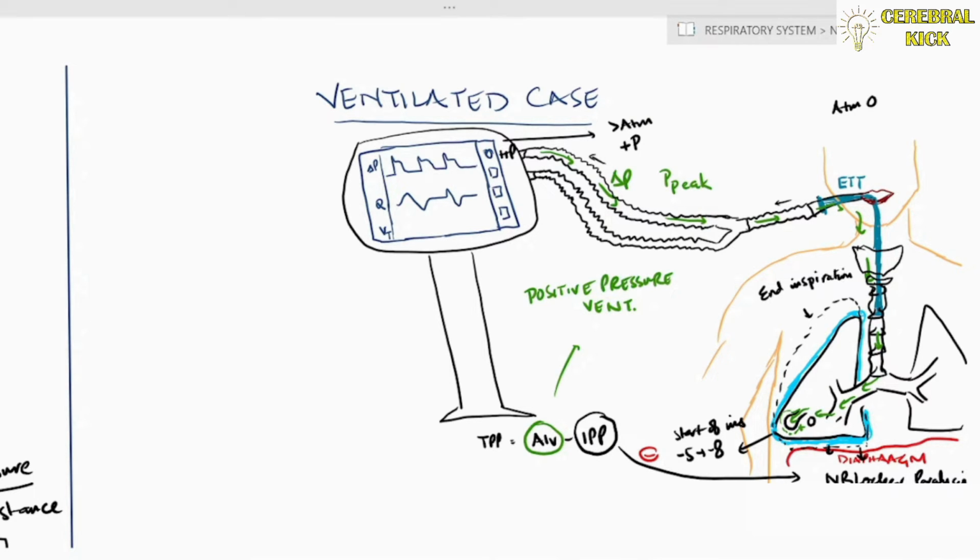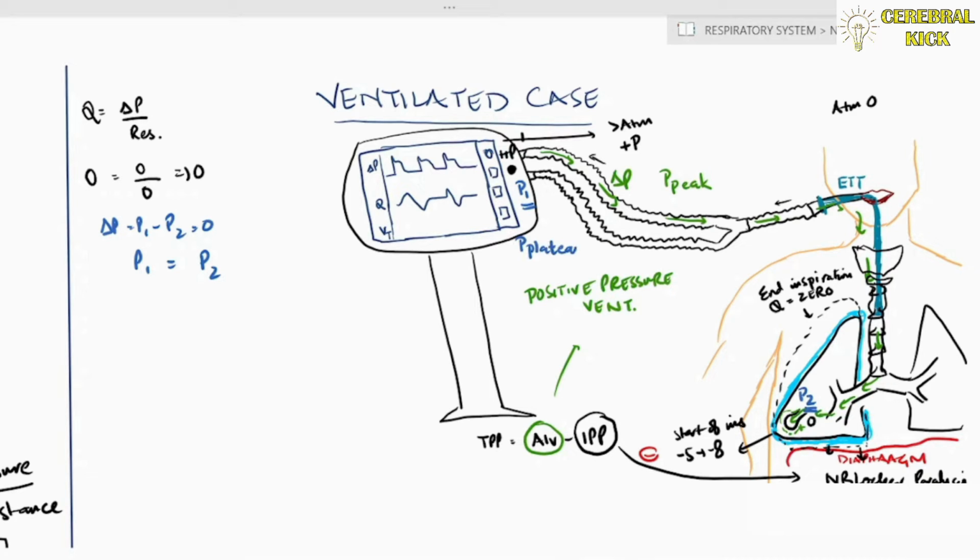This is where no flow would be present, and where there is no flow, there is no pressure gradient, right? This is the basis of calculating the alveolar pressure. So at this point where there is no flow, the alveolar pressure would be the same as the one being registered on the ventilator, and that is called the plateau pressure. Now, how would we see these pressure curves on a ventilator screen?